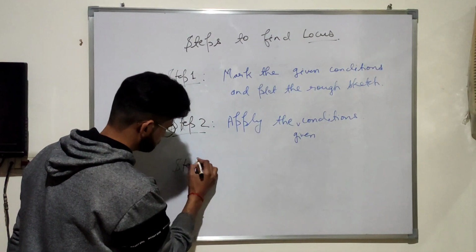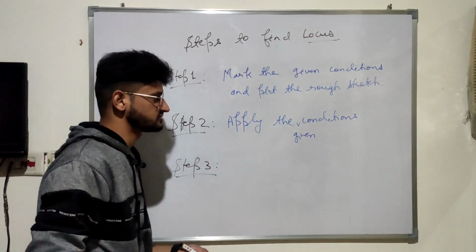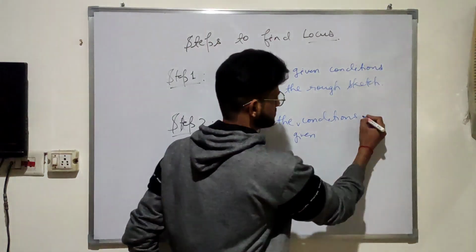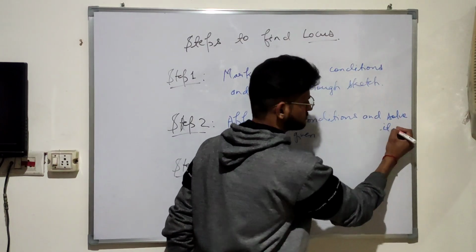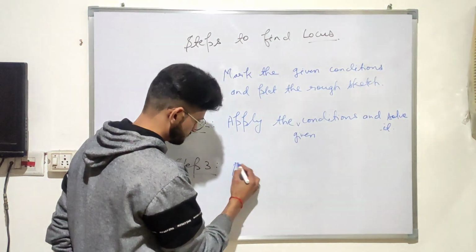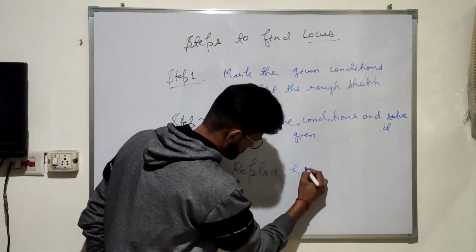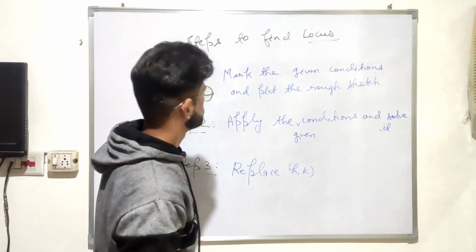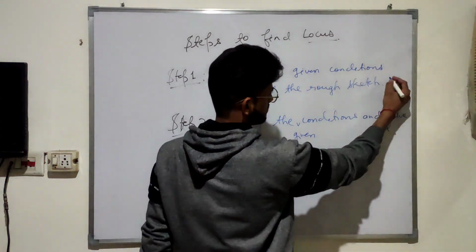Now step number 3. After applying the conditions and solving, we will replace h comma k. We will take here also, in step 1 only, mark the given conditions and plot the rough sketch.